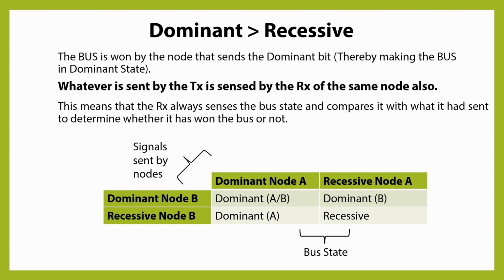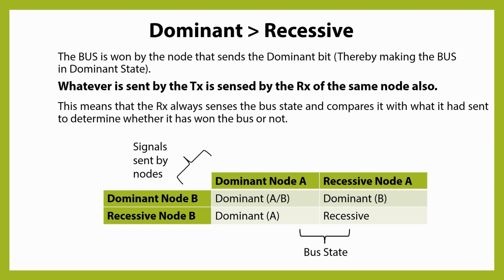Which one will be received and which one will be processed? As we know, dominant wins, but there should be only one dominant. Hence, this bolded sentence: whichever value I am sending, I will sense the same value from the bus. I will sense the value of the bus immediately and compare it with what I have sent.